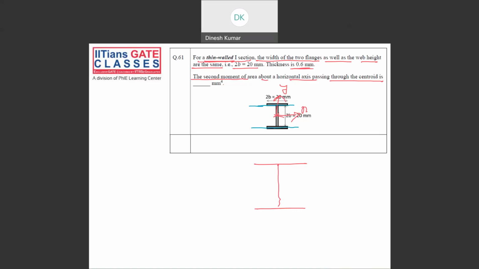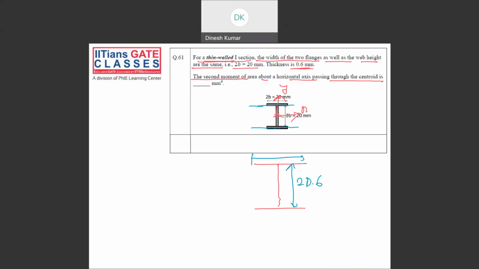So this web height, instead of 20, will become 20 plus 0.6, so the height will become 20.6.